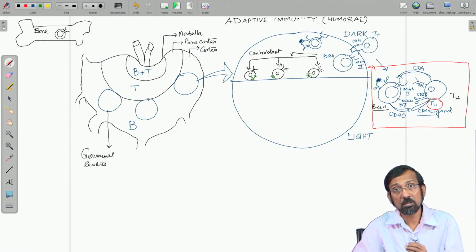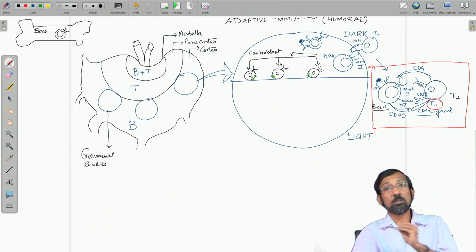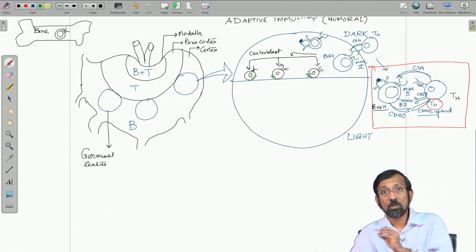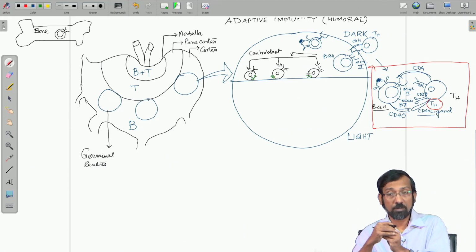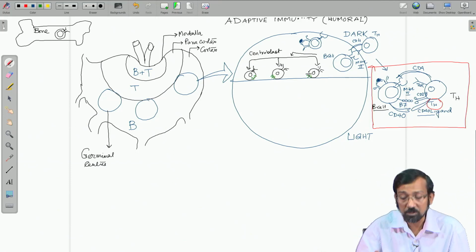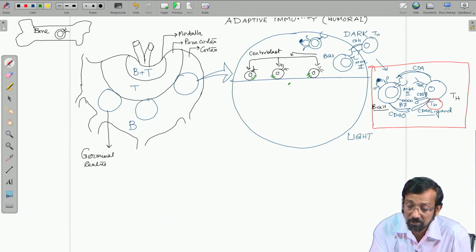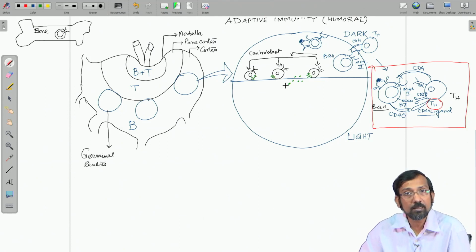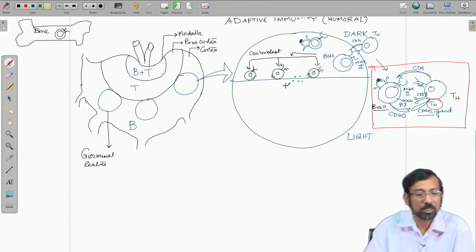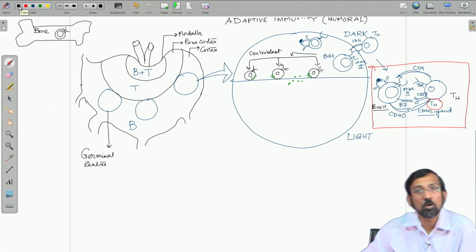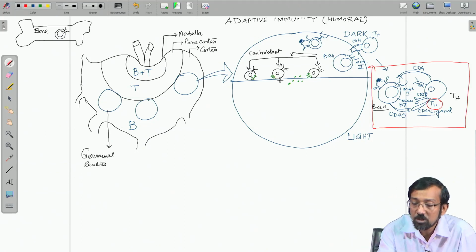So, they attract the cells from one site to another site. It is kind of a magnet to iron interaction. So, the chemokines are secreted from the light zone. Now, these cells which started to express the chemokine receptors bind to these chemokines and they migrate to the light zone.